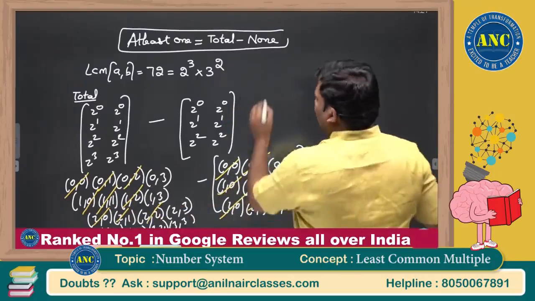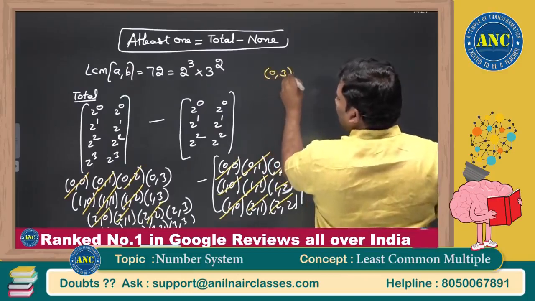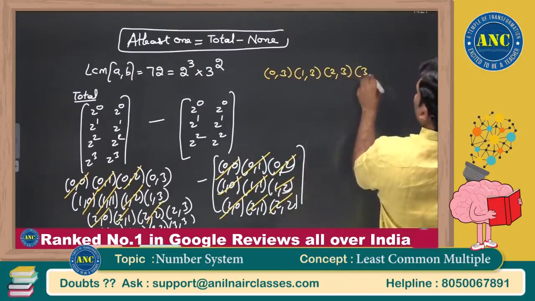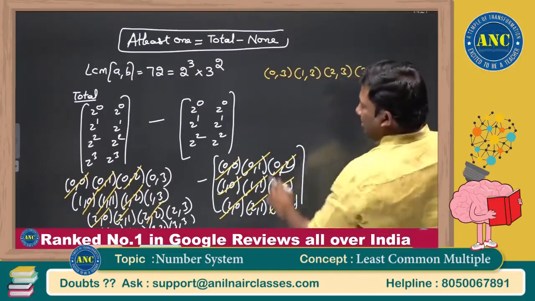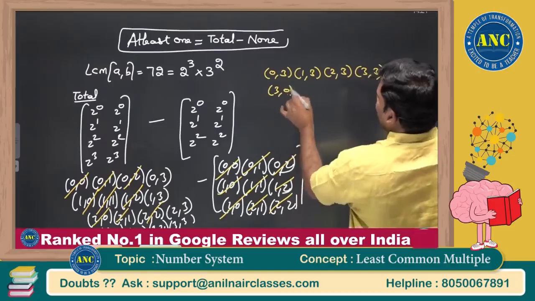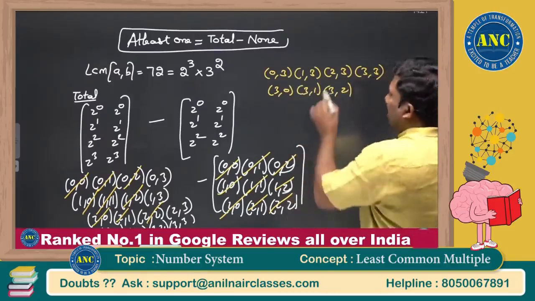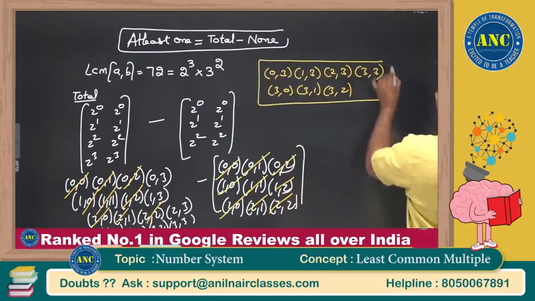What is remaining there? Remaining cases are 0,3; 1,3; 2,3; 3,3. Next cases 3,0; 3,1; 3,2. Isn't it? These are the cases we got in the traditional method.